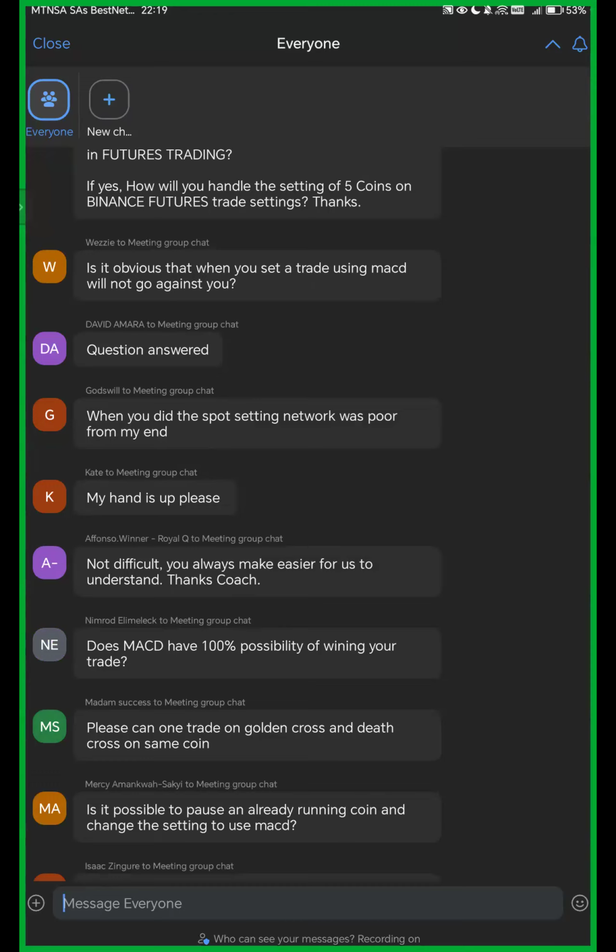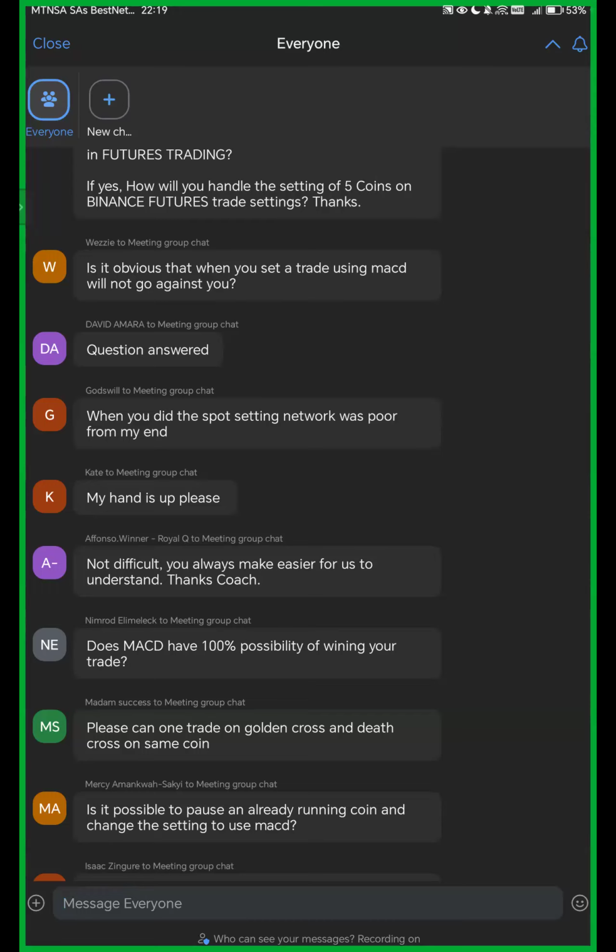There is nothing like 100%. Even in the signals we send, there is no 100% guarantee that they will deliver, because we do not control price. We are just looking at the trend of the market. So sometimes the trend may go against us immediately after our analysis, because we don't control the price. Please take note of that.